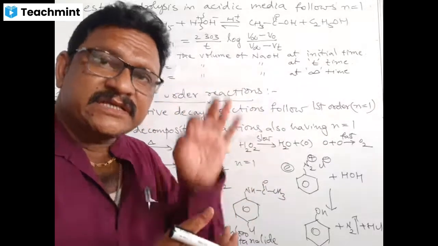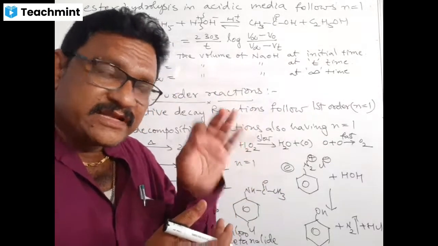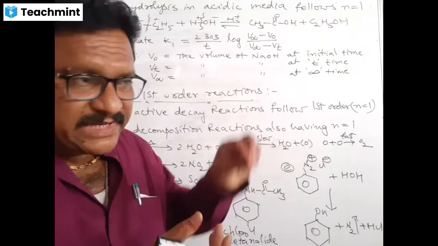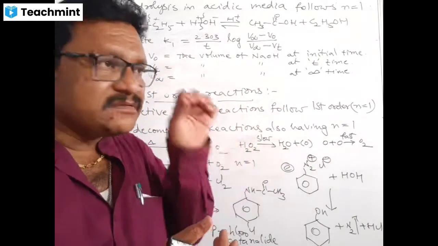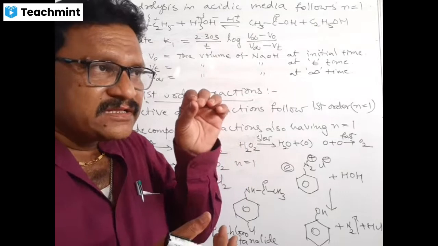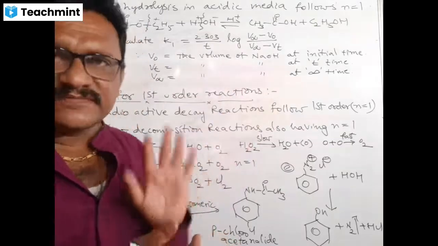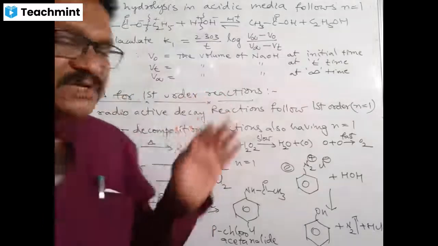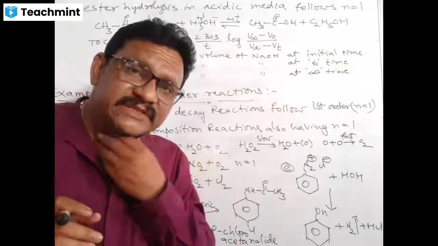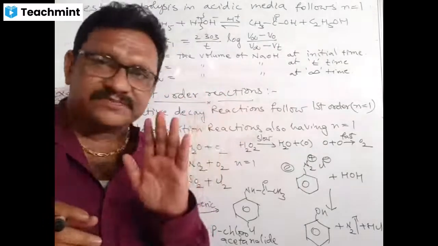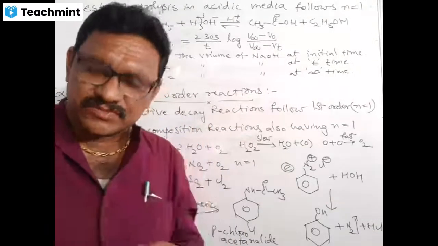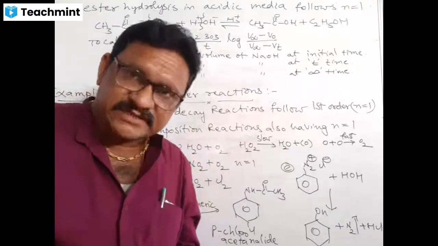Infinity time means the time where the reaction mixture is completely converted to products, or the time where the reaction is closed. So that time we call infinity time. Students, you remember, I might be thinking it is somewhat tough, so you go on reading and writing a number of times.